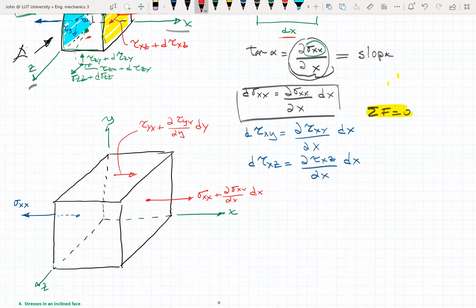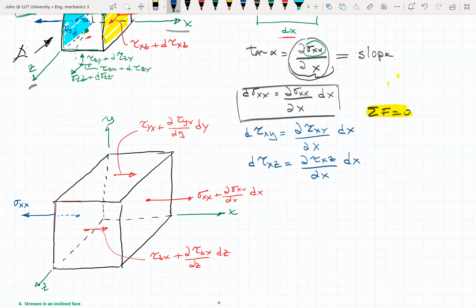Then in this lateral face, this one here, I will have another vector. I will write it also away from the face. It's going to be tau zx plus an increment, and that increment is partial of tau zx divided by partial derivative of z times dz. The other negative stresses have to be written there also.